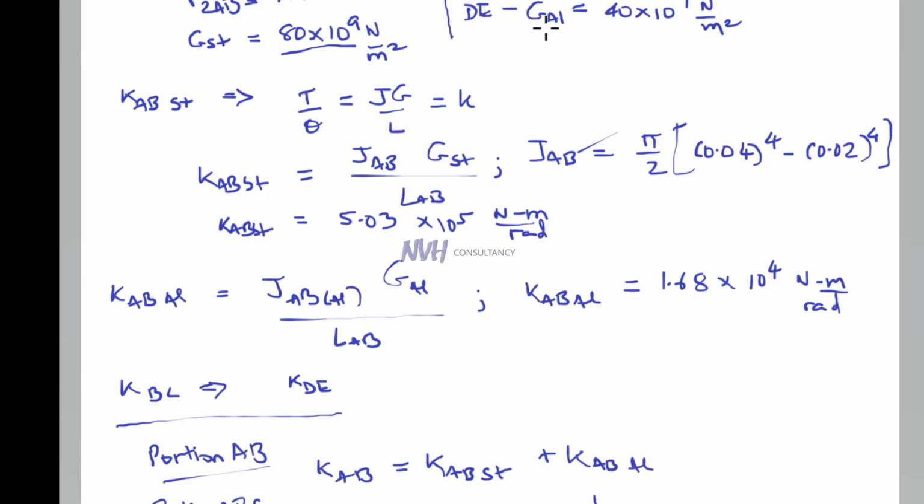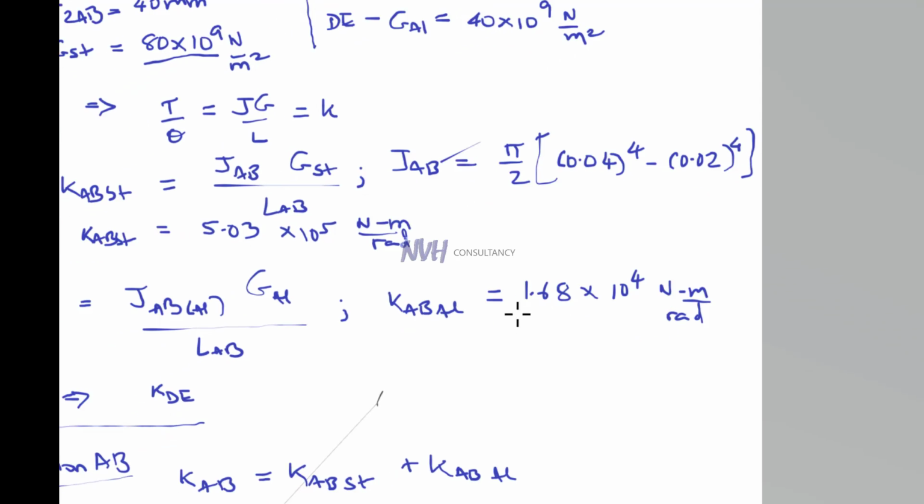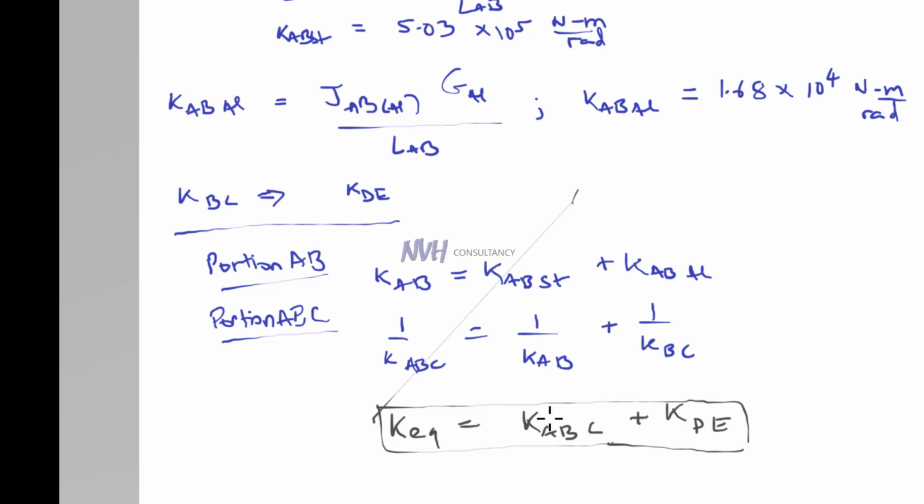So the equation for the equivalent stiffness of the entire system is K equivalent equals KABC, the portion before the blob of mass, plus KDE, because these two are in parallel. This is the final equation, and that's how you can find the equivalent stiffness.